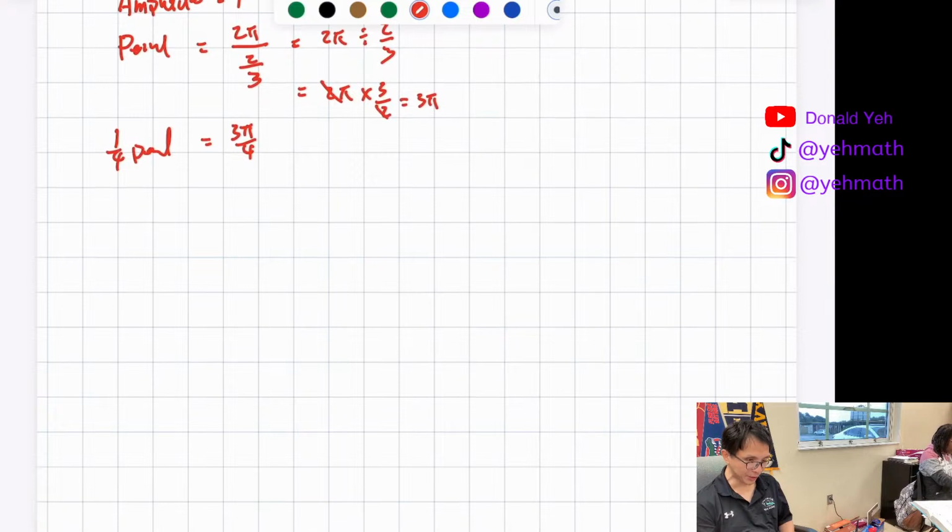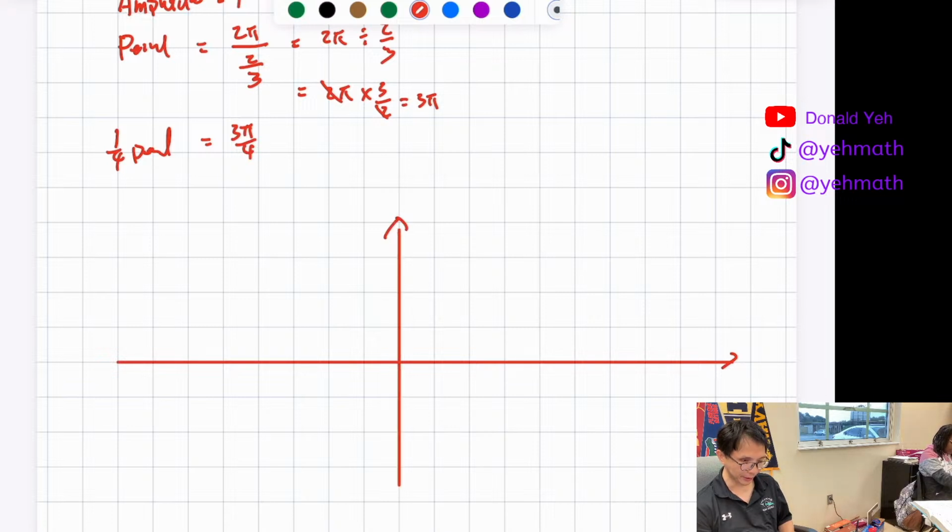Now that means each scale I'm going to increase by exactly 3 pi over 4. For those of you who cannot count, just notice the numerator increases by double. So I'm going to say 3 pi over 4 here. The next one is going to be what? Which is 3 pi over 2, right? Is that okay? And the next one is 9 pi over 4.